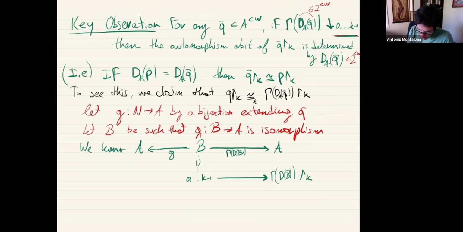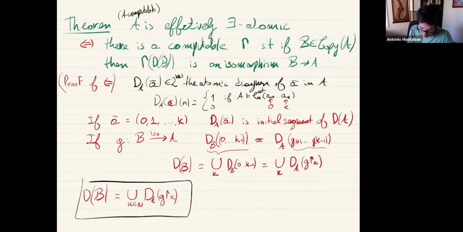But now we're assuming this converges. So the diagram of Q in A is a substring of the diagram of B, because of this property. The diagram of B is the union of the diagrams of these maps that we get.